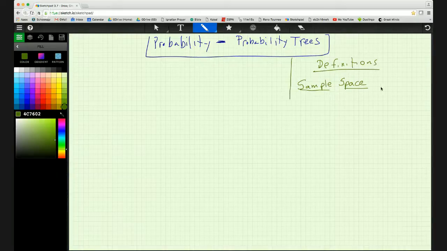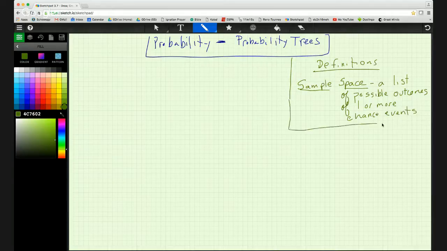So sample space is a list of possible outcomes of one or more chance events. Okay, so that's what a sample space is.